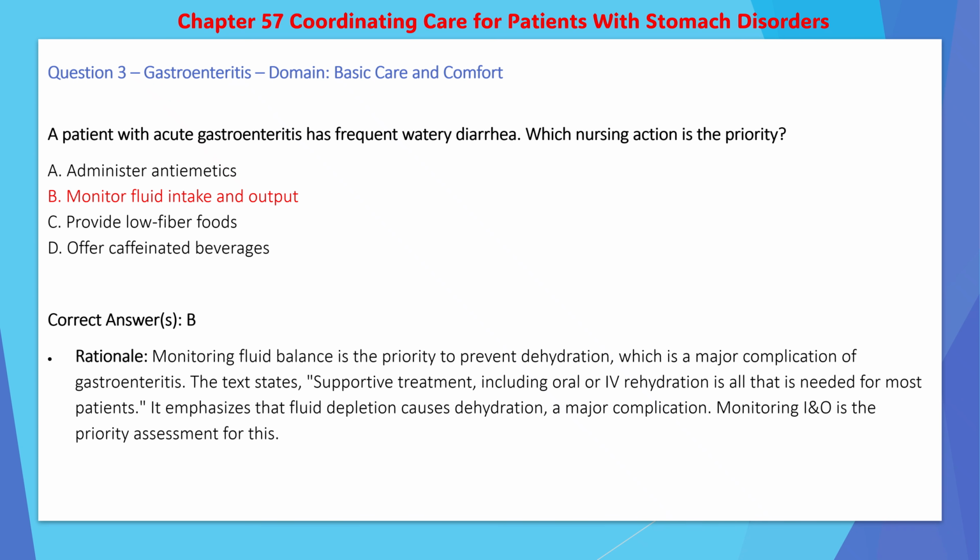It emphasizes that fluid depletion causes dehydration, a major complication. Monitoring ins and outs is the priority assessment. So it's basic care and comfort, what you do for the patient: monitor fluid intake and output for the watery diarrhea.